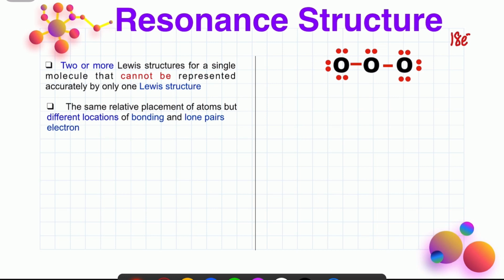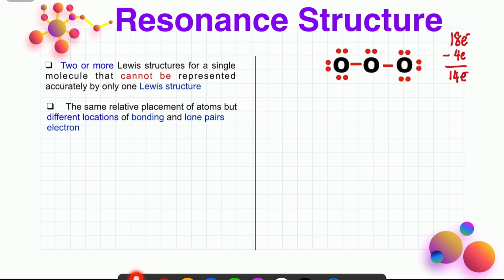Then you form a single covalent bond between the oxygen atoms. One single covalent bond is equivalent to 2 electrons. 2 single covalent bonds are equivalent to 4 electrons. So minus 4 for the bonding pair electrons, and the balance is 14 electrons.